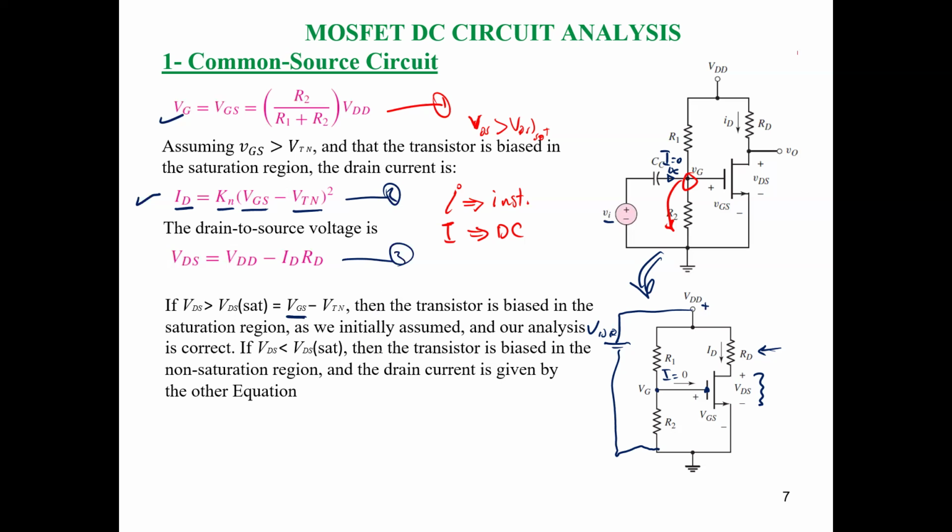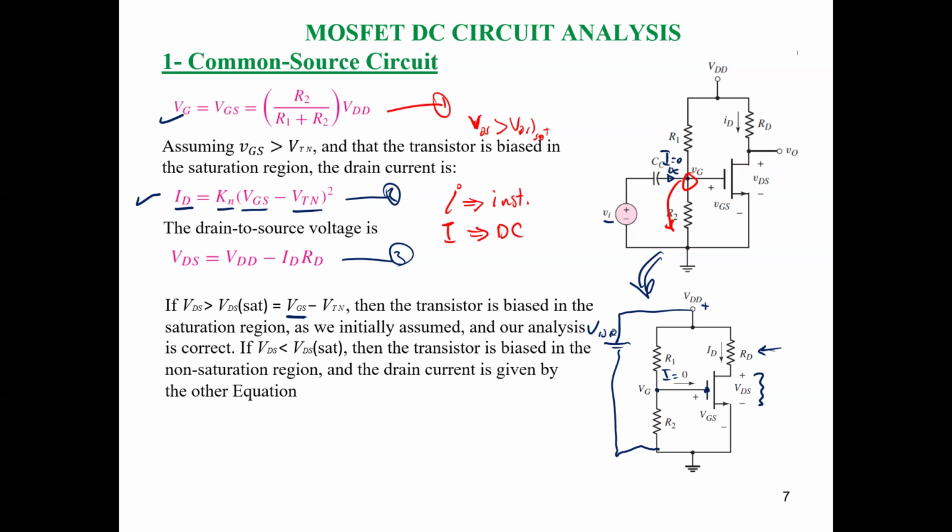But if you calculate VDS and find that VDS is less than VDS saturation, our assumption is incorrect, and we should repeat again from step number 2. We substitute in the relation of the linear mode and recalculate the values of ID and VDS again. Okay, so this is the meaning of making DC analysis.